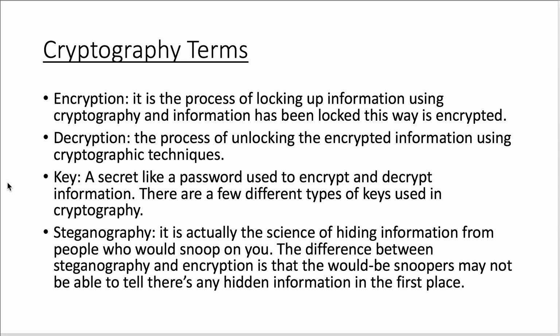Let's talk about decryption, the process of unlocking the encrypted information using a cryptography technique. The key is a secret, like a password, used to encrypt and decrypt information. There are a few different types of keys used in cryptography.